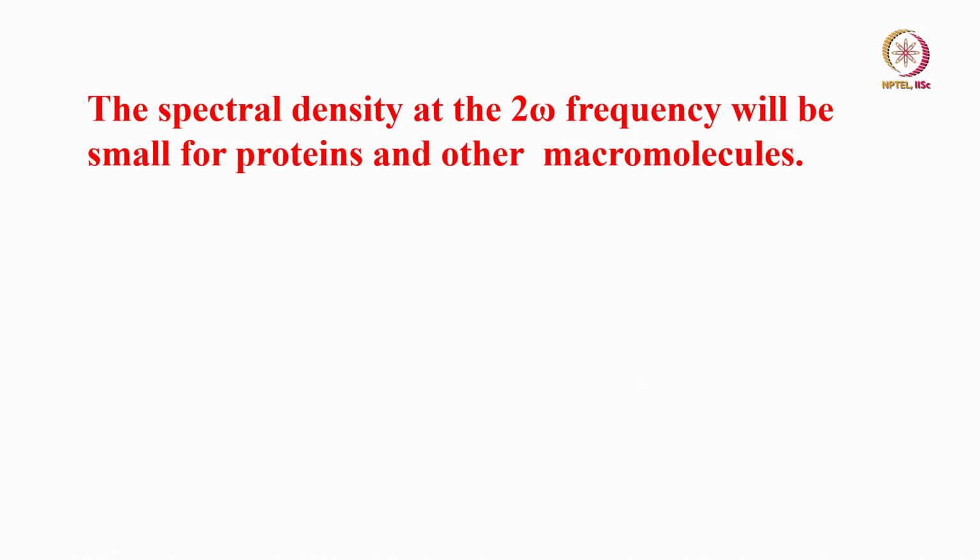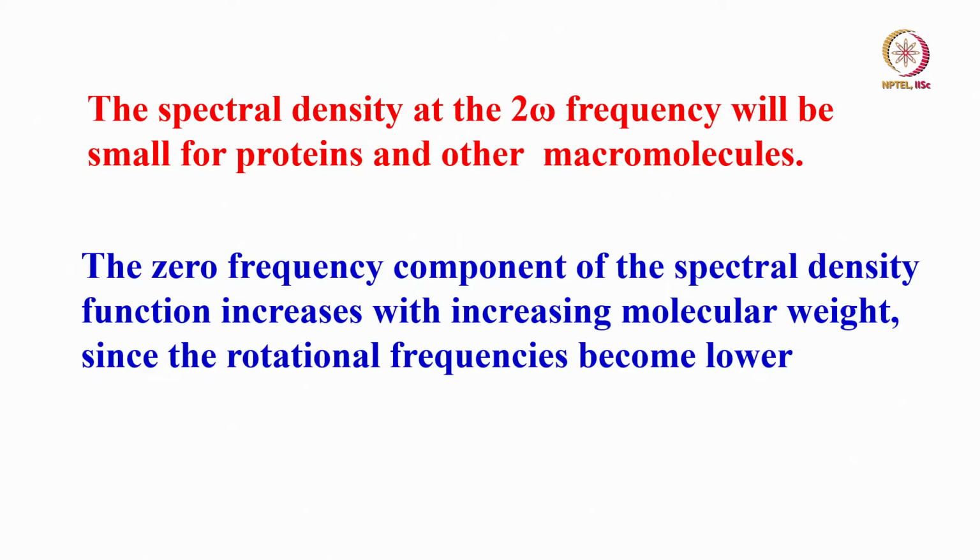Now let us consider the spectral density at twice the Larmor frequency, for small proteins and other molecules, especially small molecules. At twice the Larmor frequency, let us say 500 megahertz, then 2 omega, that is 1000 megahertz, is generally absent. So what is the relaxation pathway?